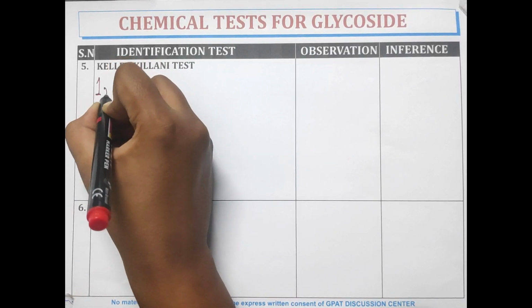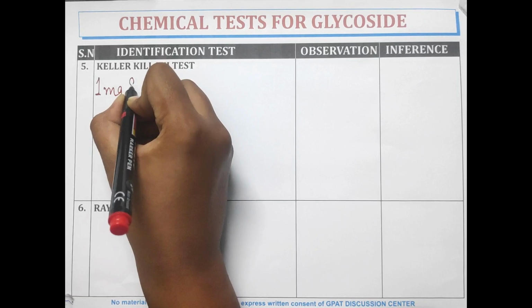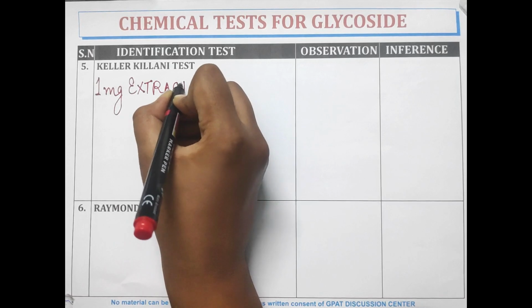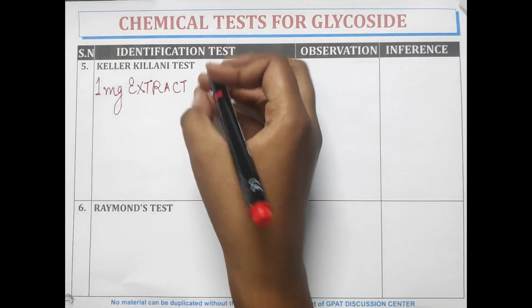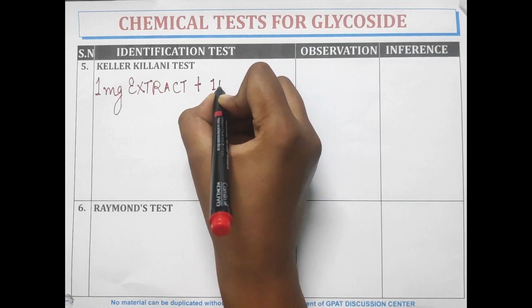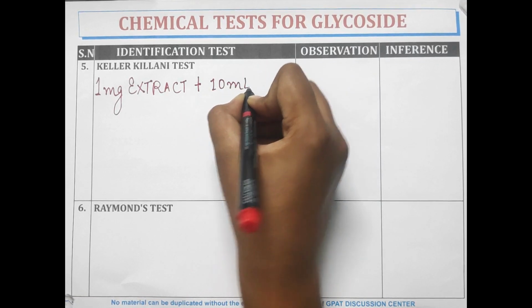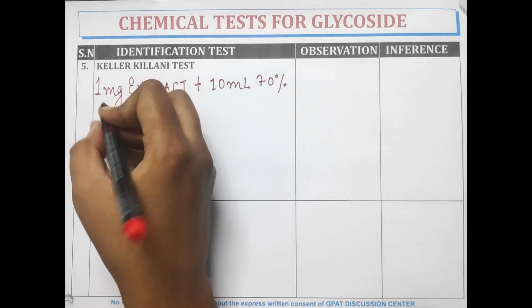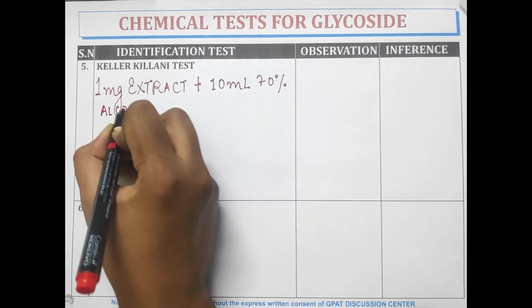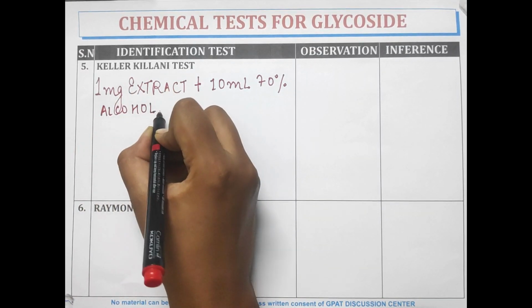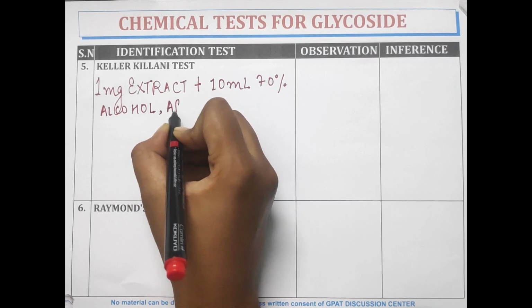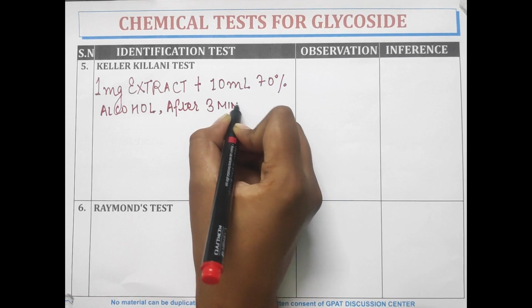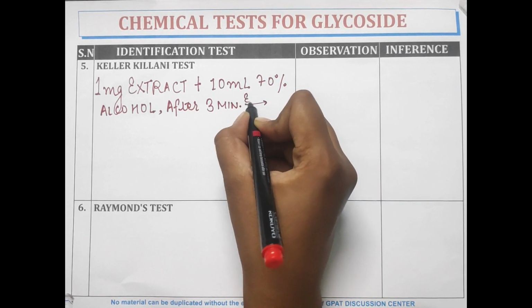In this test, 1 mg of extract is used. To this extract, 10 ml of 70% alcohol is added. After 3 minutes, the extract is taken.